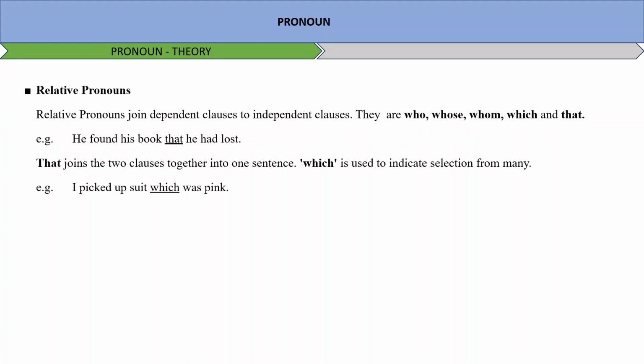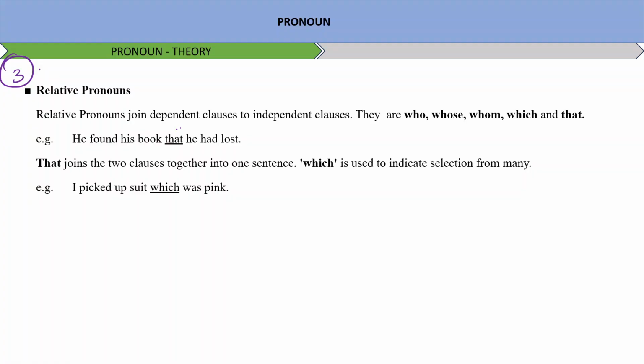Moving on to the next one, relative pronoun, very important. What is a relative pronoun? Relative pronouns join dependent clauses to independent clauses. If you have watched the previous videos where I discussed phrase, clause, and sentence, I have told you what are dependent clauses and independent clauses. If you haven't, I would request you to go back and watch the video once.